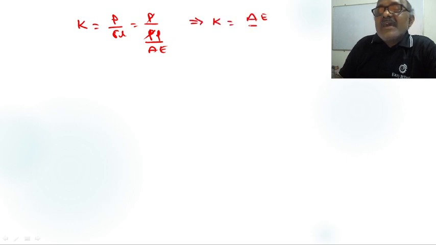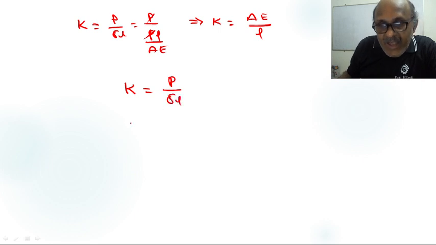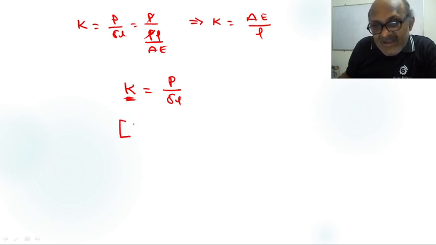What is the stiffness? Stiffness is equal to P by delta L, which is nothing but PL by AE. This cancels out, so stiffness K is equal to AE by L. But what about our main equation? K is equal to P by delta L. Now this can be for nodal values: the stiffness values at nodal points are represented in matrix form. This is the stiffness matrix.